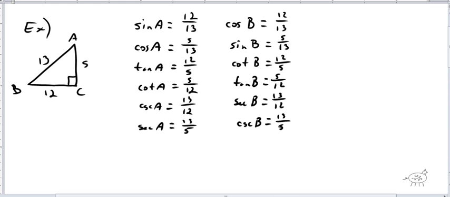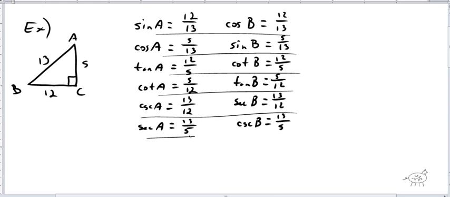I did it in a particular order because if you match things up, these are the same values going across. Same values across. So what can you tell me about angles A and B? You should be able to tell me angles A and B are complementary.